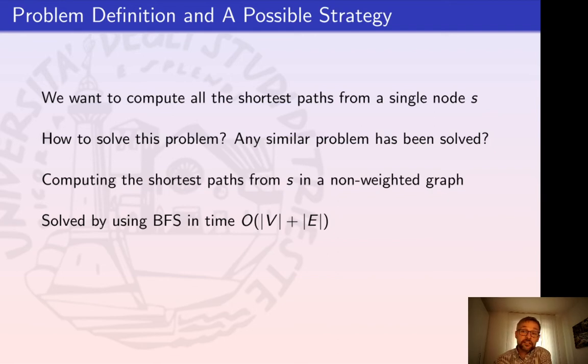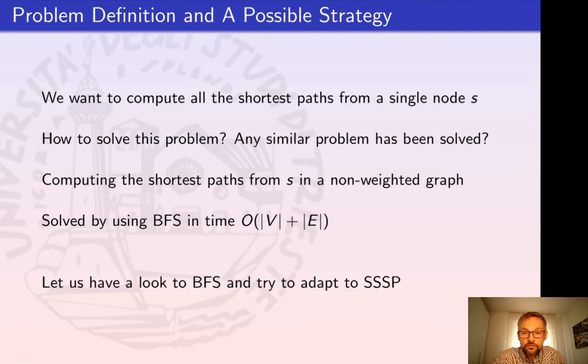Here we are asking to solve the problem on weighted graphs, which is a slightly different problem. In some sense we increase the complexity of the data structure we are dealing with, and we want to solve exactly the same problem we solved by using BFS. So can we adapt BFS to solve the single source shortest path problem?